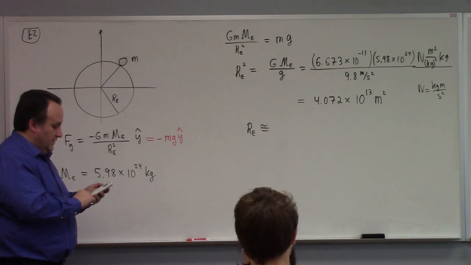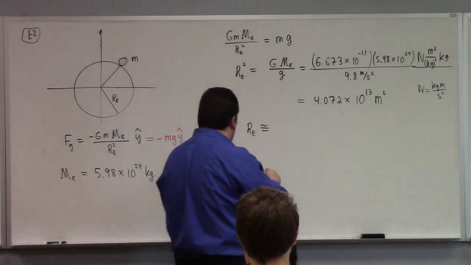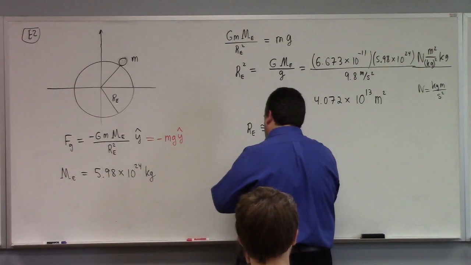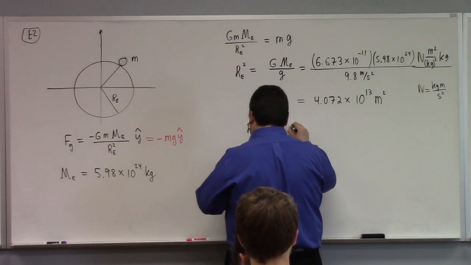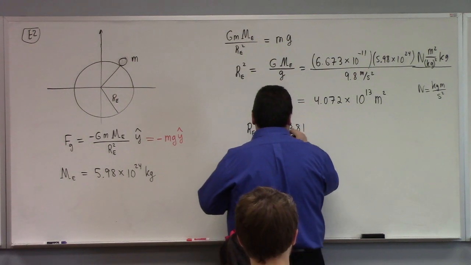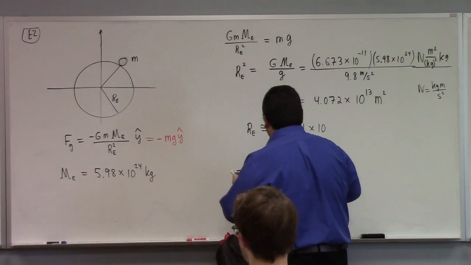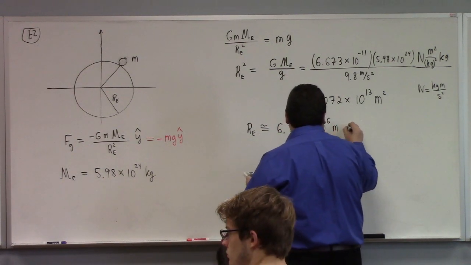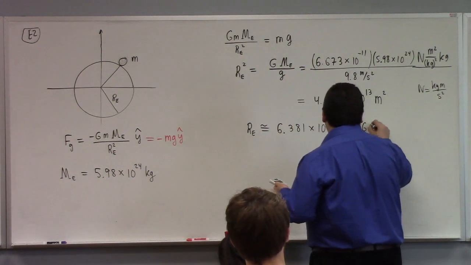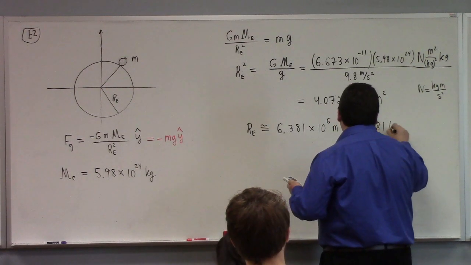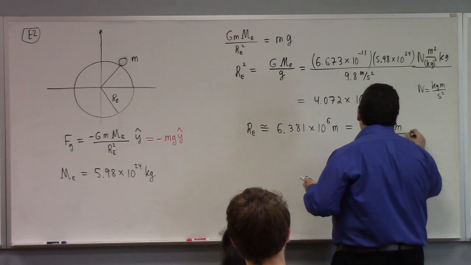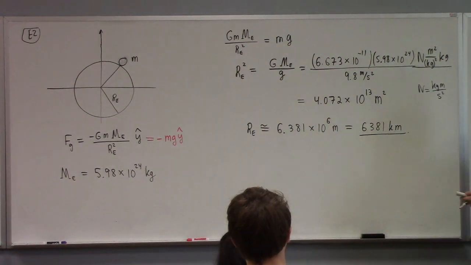Ooh, well, I got to count the number. 1, 2, 3, 4, 5, 6. So 6.381 times 10 to the what? 10 to the 6th meters, aka about 6,381 kilometers, radius of the Earth. So a little over 6,000 kilometers.